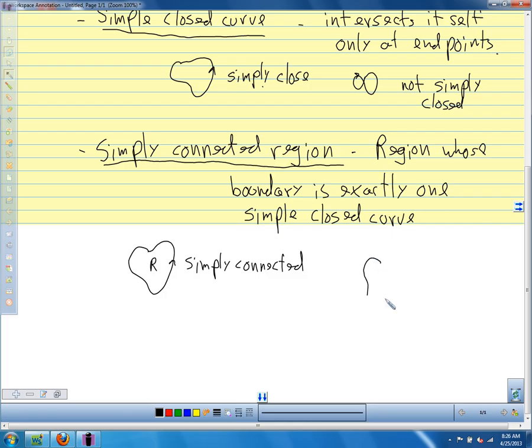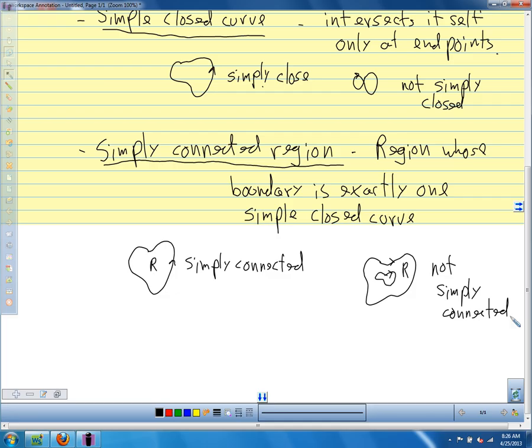And one example of something that would not be simply connected would be something like this. So we're interested in simply connected regions.